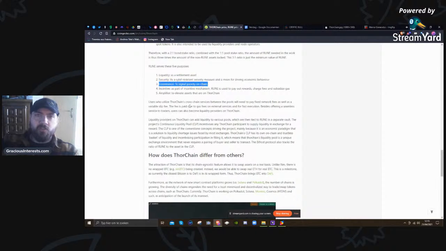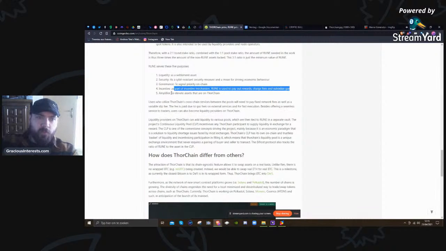So with the amount of RUNE being staked, certain procedures get a certain amount of priorities, certain transactions, verifications, etc. Incentive as part of the incentive mechanism. RUNE is used to pay out rewards, charge fees, and subsidize gas. So basically, it is the token which powers the entire THORCHAIN blockchain.